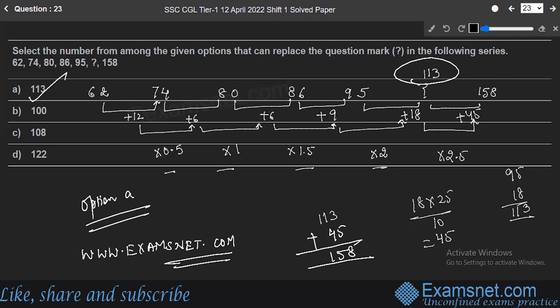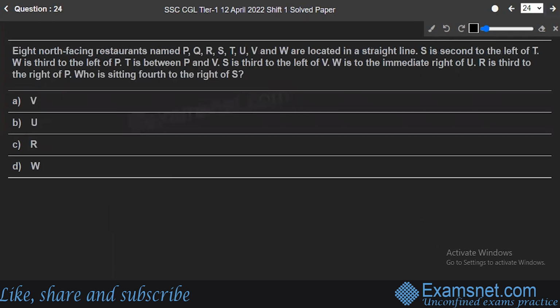Keep learning happily. So let's move to the next question, number 24. It says 8 north facing restaurants P, Q, R, S, T, U, V, and W are located in a straight line. S is second to the left of T, W is third to the left of P, T is between P and V, and S is third to the left of V. W is immediate right of U, and R is third to the right of P, who is sitting fourth to the right of S. See, here are 8 north facing restaurants P, Q, R, S, T, U, V, W. They are located in a straight line.